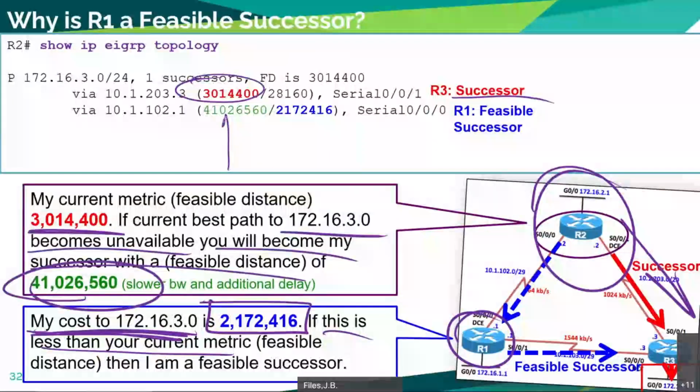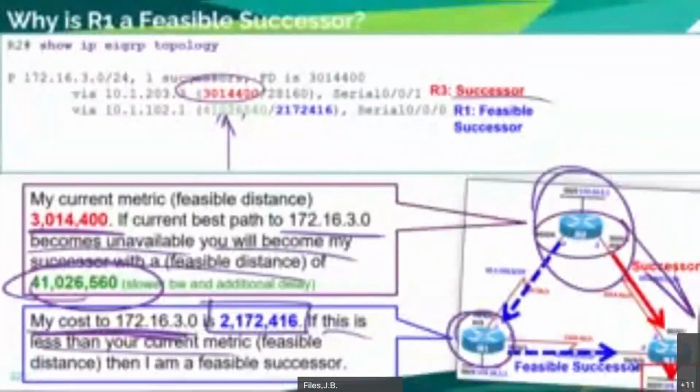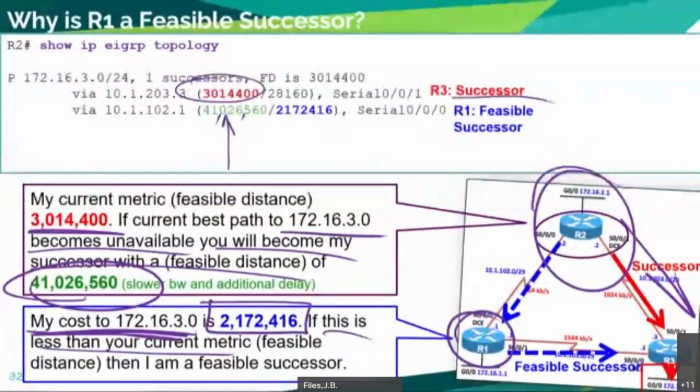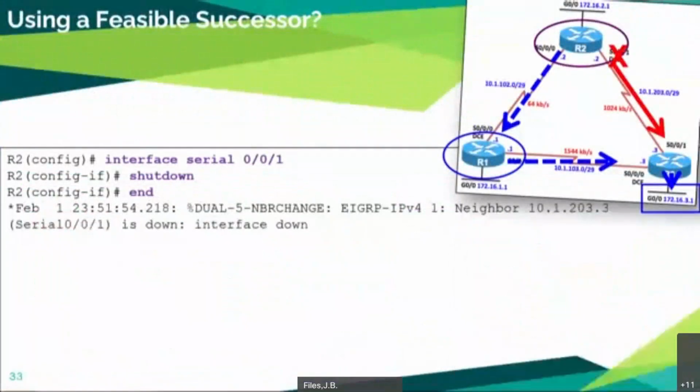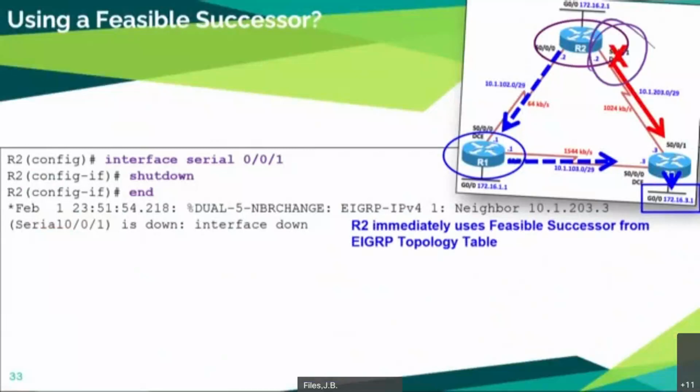And of course, that metric is 41 million and change. So really sucky compared to our existing metric, but it's still a valid backup. On R2, if we were to shut that interface down, R2 immediately, and that's the key, immediately uses its feasible successor.